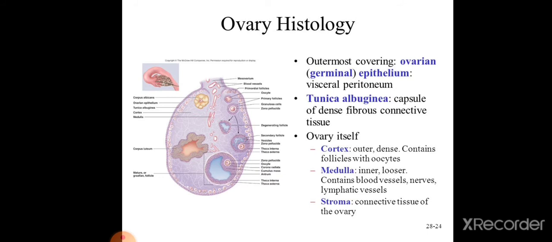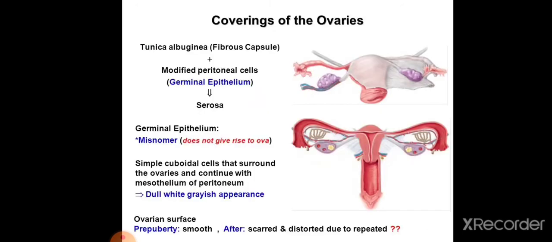And then we have the ovary, which has the three compartments, that is outer cortex, inner medulla and stroma. The cortex is outer part, it is dense, contains follicles with oocytes. Medulla is the inner part, it is looser and contains blood vessels, nerves, lymphatic vessels, and stroma, it is the connective tissue of the ovary.